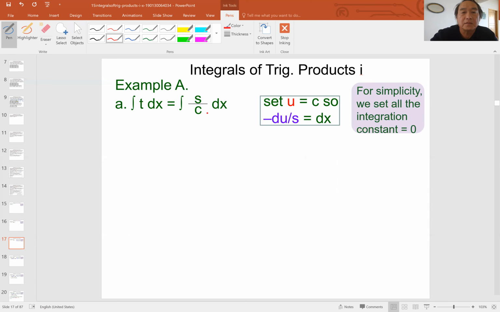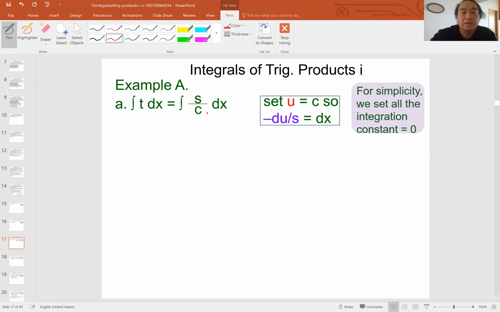For integrating secant, we multiply the secant by this strange term. The consequence is that we wind up with something where the derivative of the denominator is actually the numerator, because the derivative of tangent is secant squared, and the derivative of secant is secant tangent.